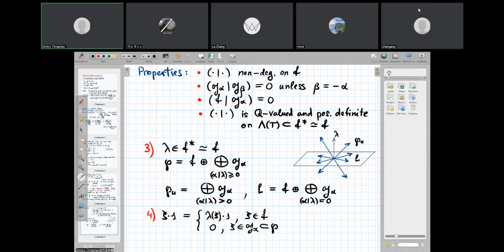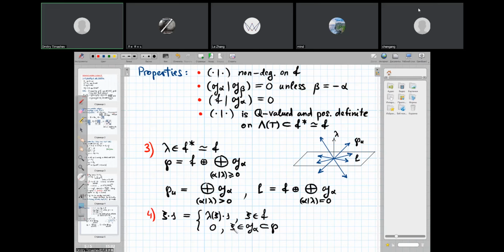But if psi is in the root subspace corresponding to some root alpha belonging to the Lie algebra of P, then the exponential of this psi will be a unipotent element in the group P. And each character of P is identically 1 on unipotent elements.